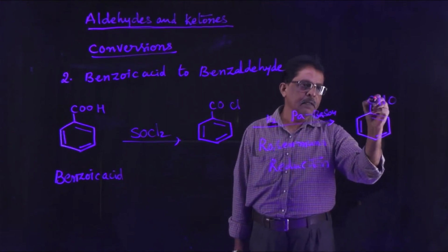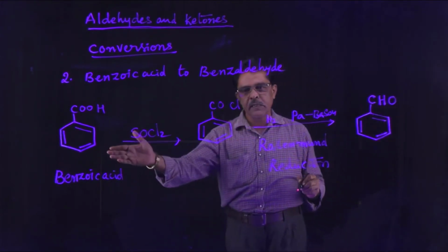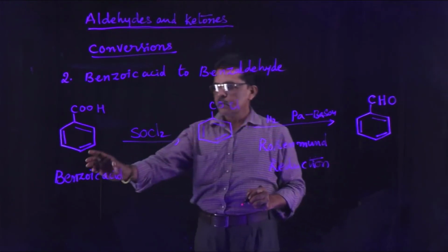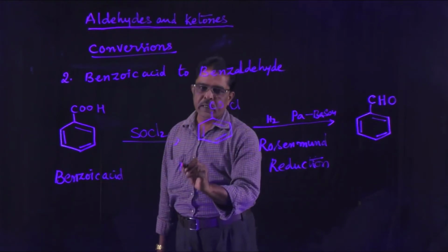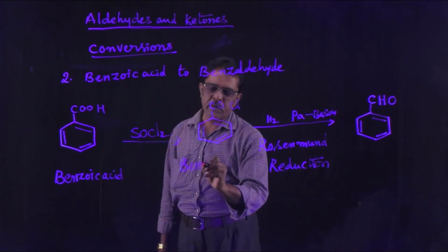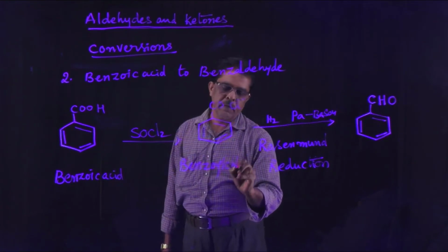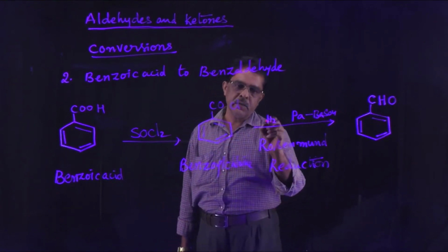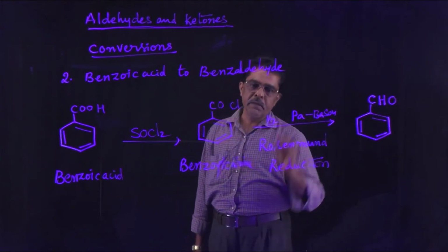It can be obtained in 2 steps from benzoic acid to benzaldehyde. First of all, we have to convert the benzoic acid into benzoyl chloride, right? This benzoyl chloride is reduced with hydrogen in the presence of palladium and barium sulfate.